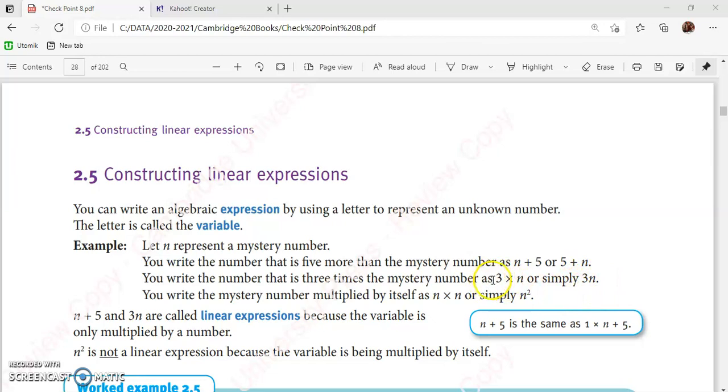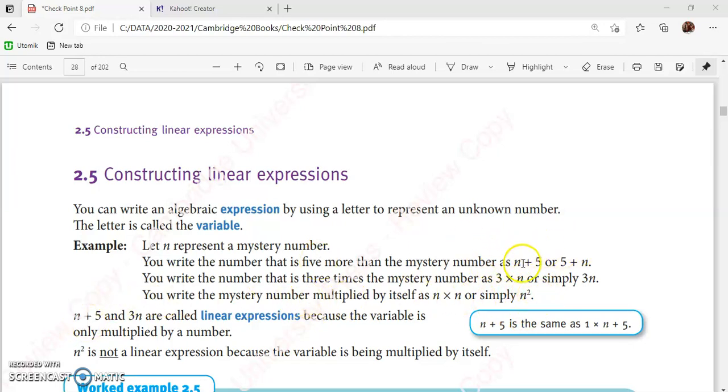Remember, if you multiply a number by a letter, the multiplication sign isn't written, so it's 3n. Write the mystery number multiplied by itself. It's n times n, or you may simply write n squared.